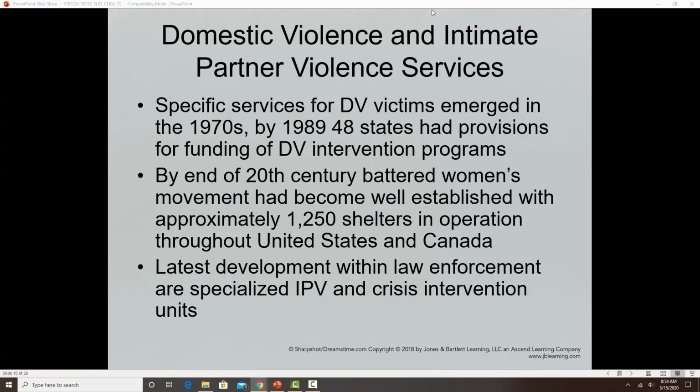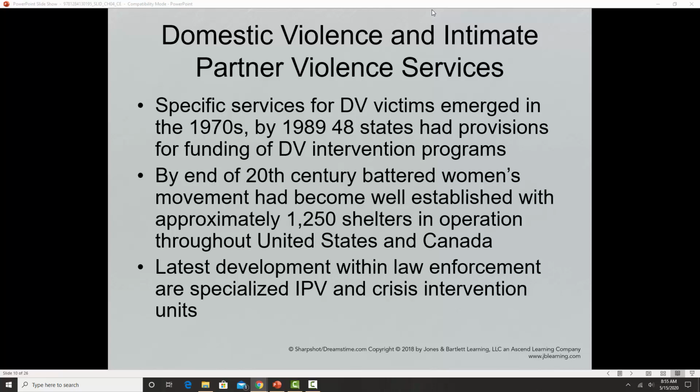So a lot of these programs have emerged in the 1970s, and by 1989, almost all 50 states had provisions for funding of services and intervention programs. Today, we have over 1,200 shelters in operation throughout the United States and Canada. These shelters offer, of course, a safe haven from domestic violence.